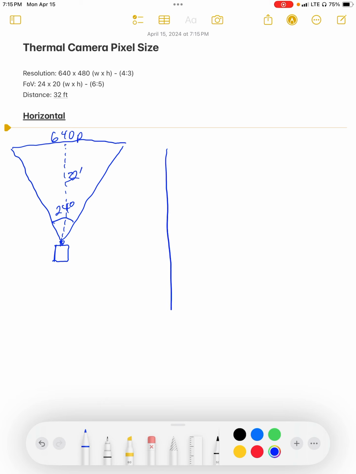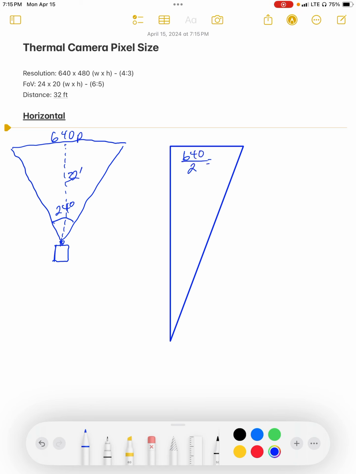So I'm going to redraw just the right-hand half, again looking from above. Now our distance across the top, instead of being 640 pixels, is going to be 640 divided by 2, or 320 pixels.